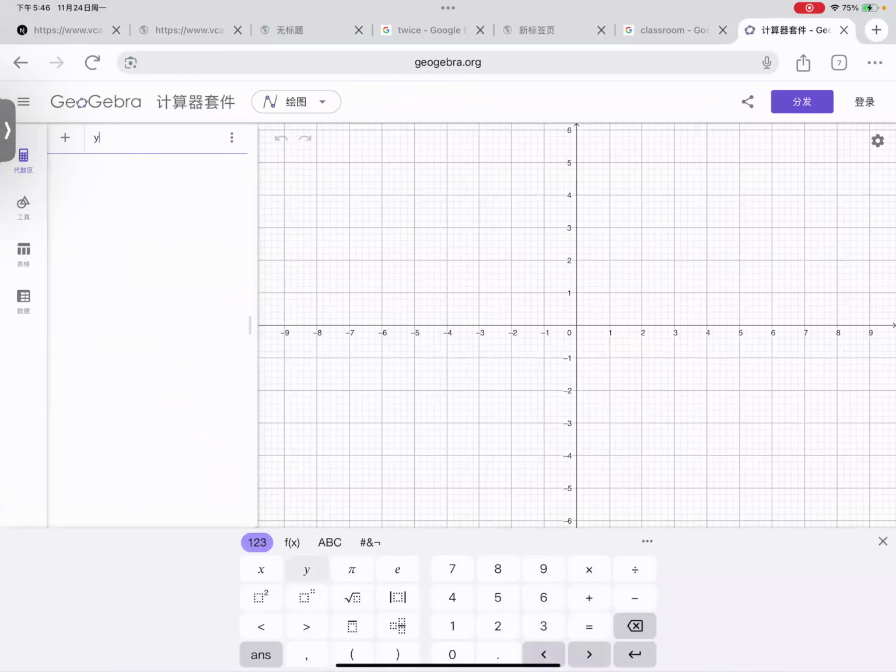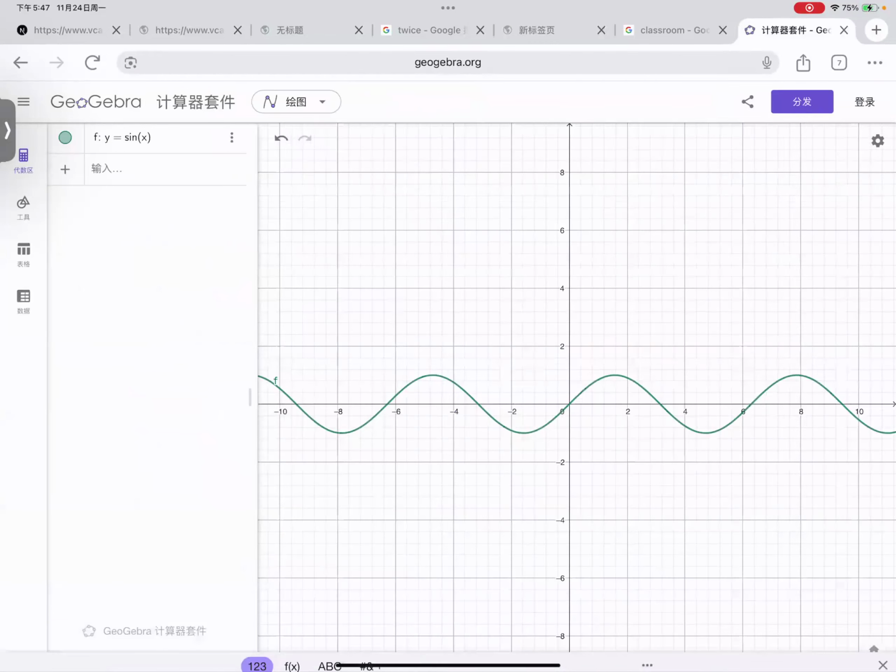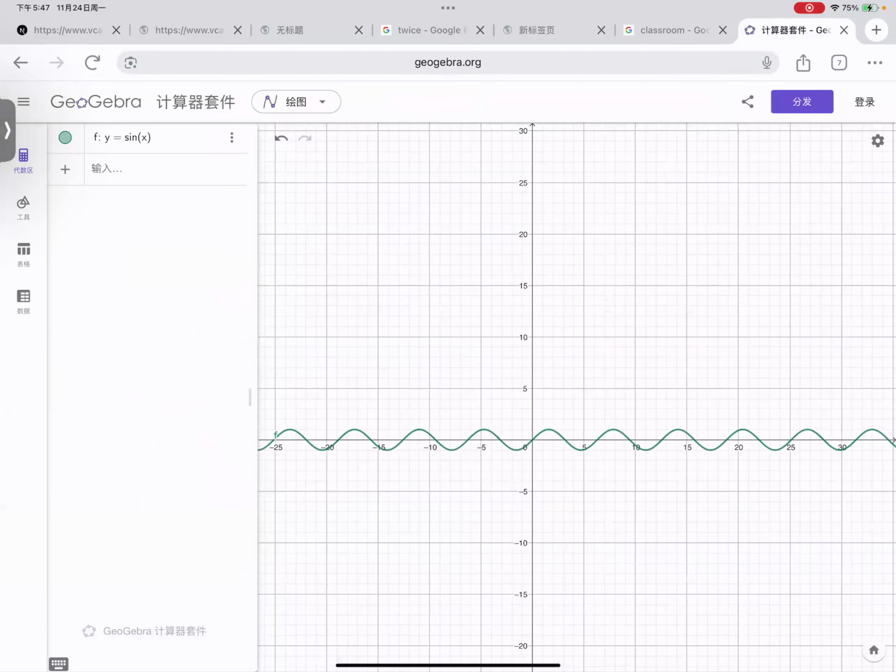Let's say y is equal to sine x. So it's oscillating.